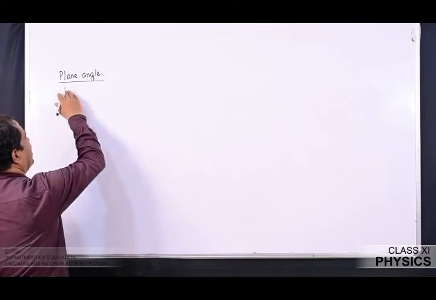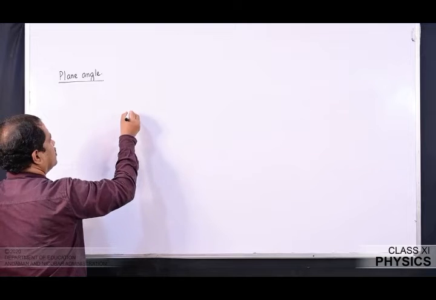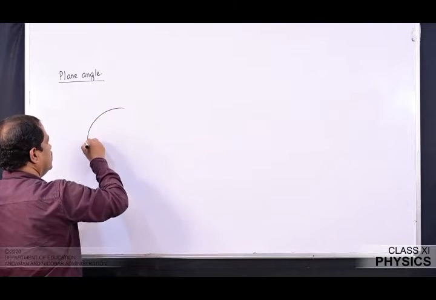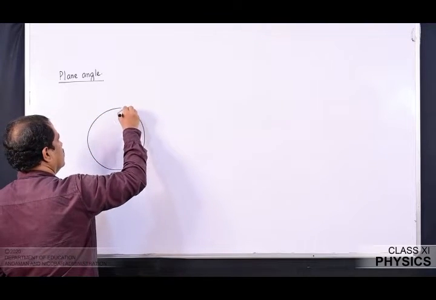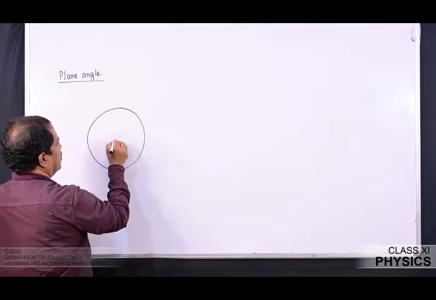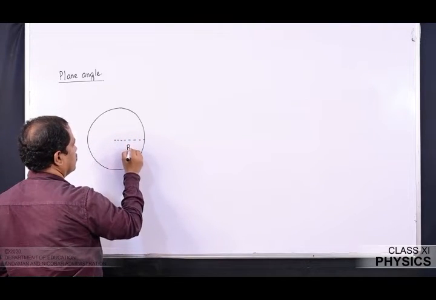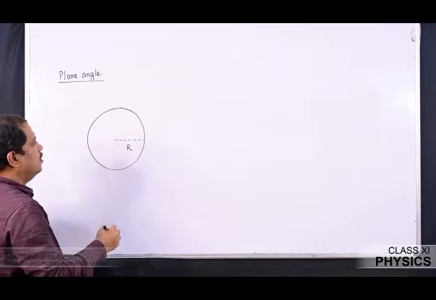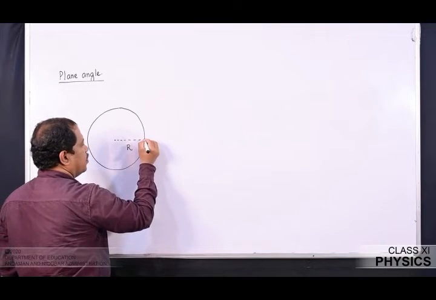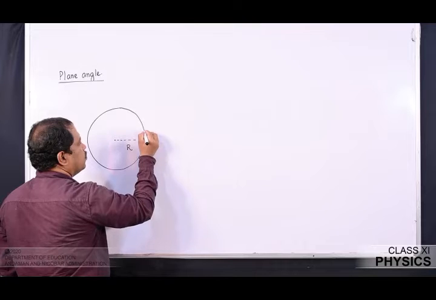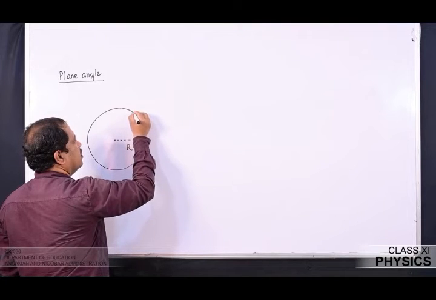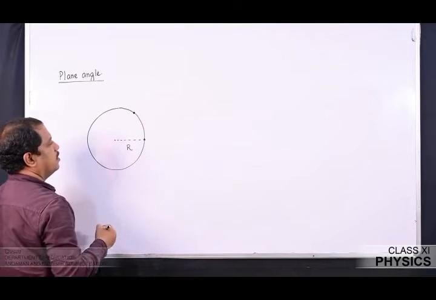So, plane angle: let us talk about a plane figure, say a circle. When I consider a circle, let me suppose that this is its radius, r. Now, let me say this point is moving on the circumference of the circle and it has reached this point.